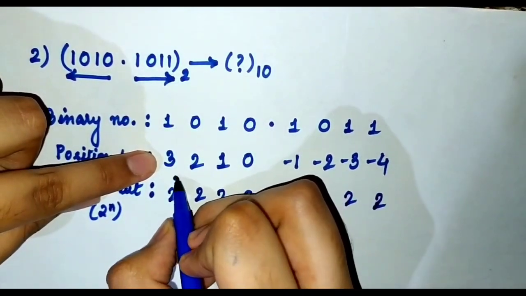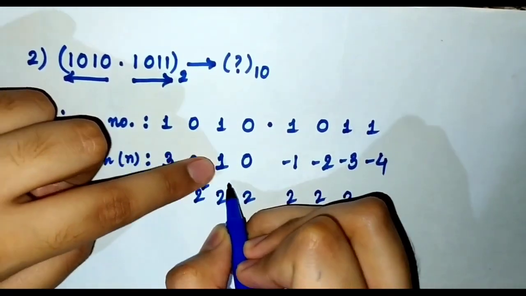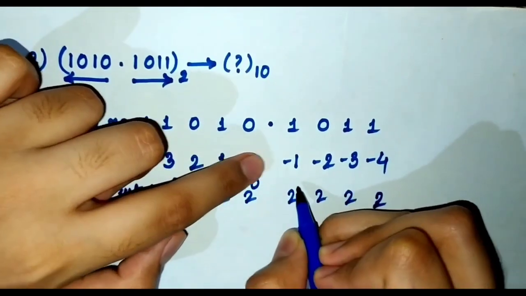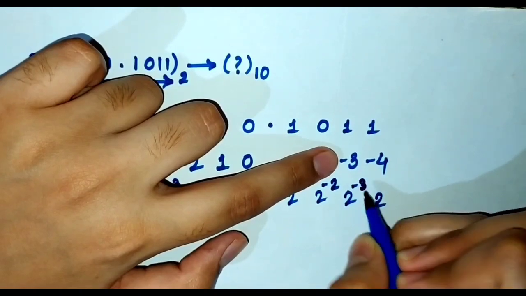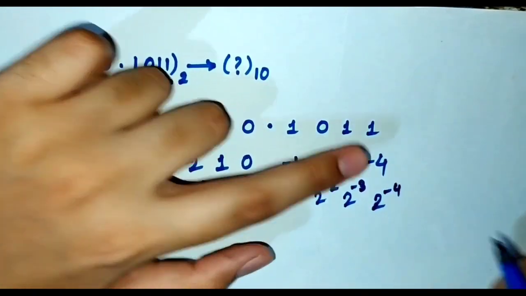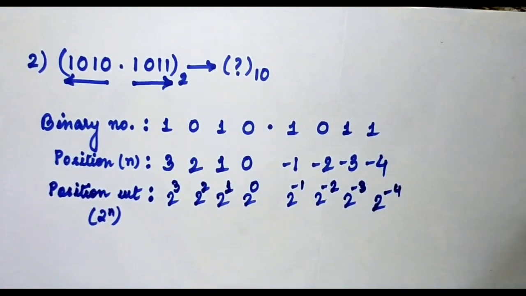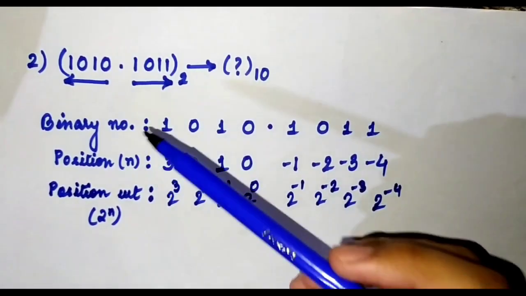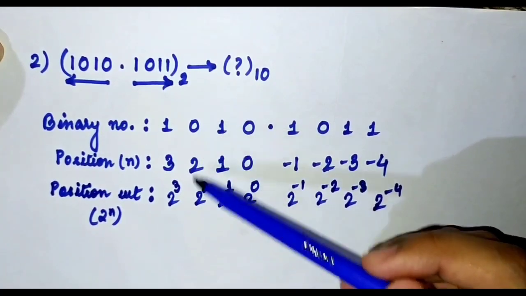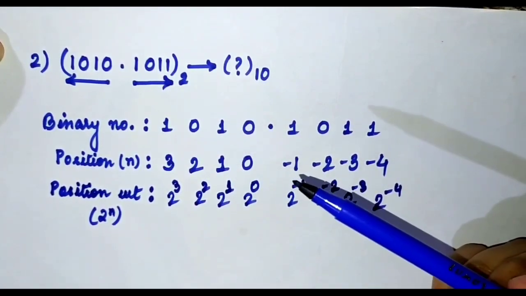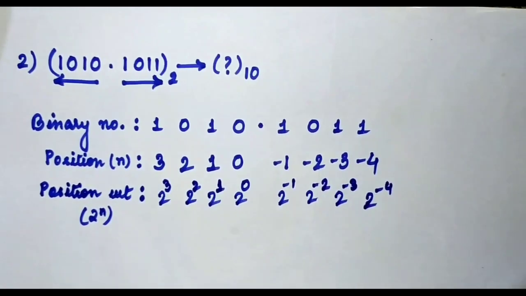So 3, 2, 1, 0, -1, -2, -3, -4. Now, to convert binary number to decimal number, we need to multiply each and every bit with its corresponding position weight, and we need to add all the products up, right? So let's do it.